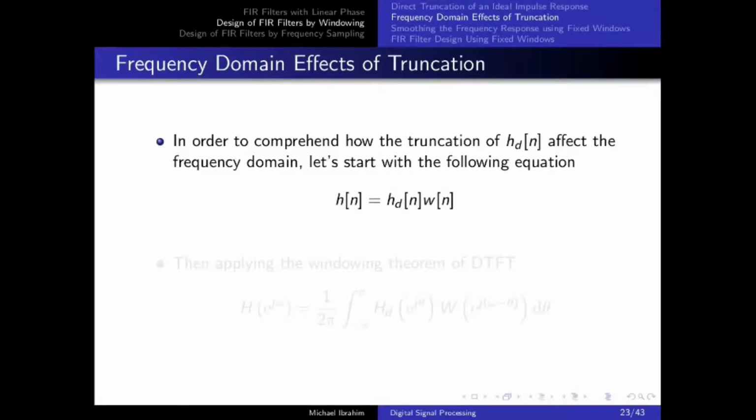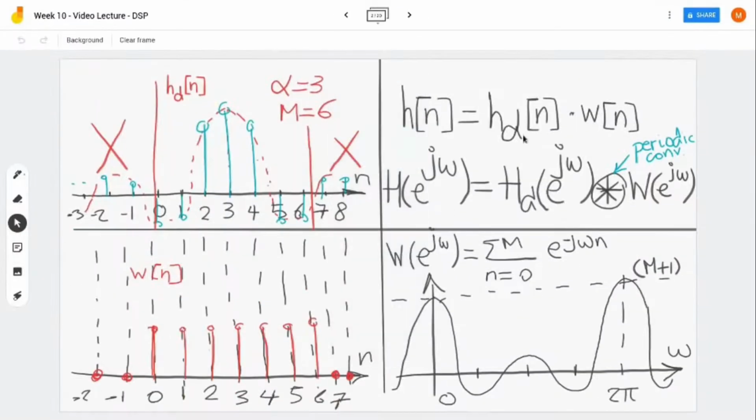So, using the DFT properties, multiplying two sequences in the time domain is equivalent to what's called periodic convolution. As we can see over here, when you multiply the sequence h desired of n with the sequence w of n, this is equivalent to doing periodic convolution in the frequency domain between the discrete-time Fourier transform of the desired impulse response and the discrete-time Fourier transform of the window, which are h desired of e to the power j omega, periodic convolution with w of e to the power j omega.